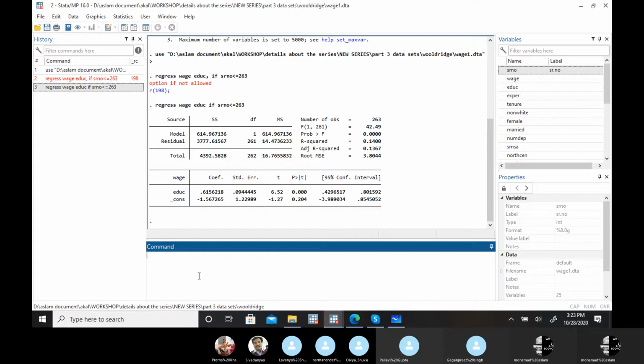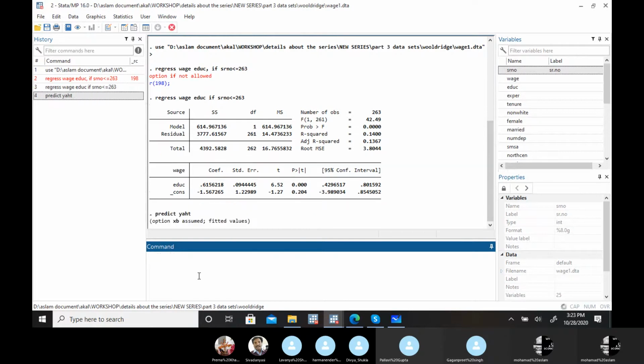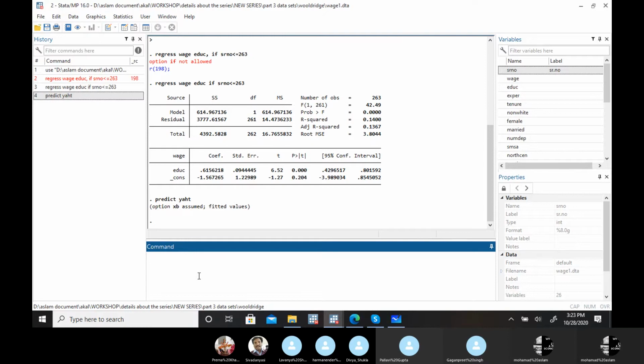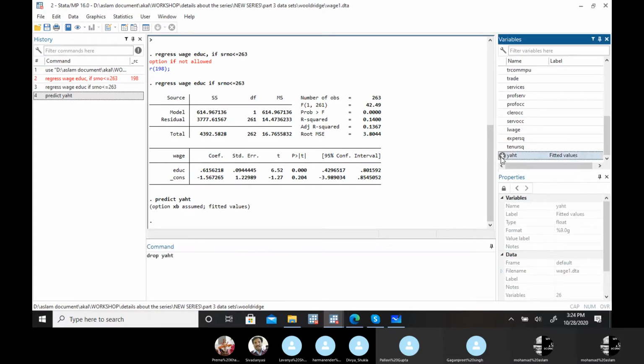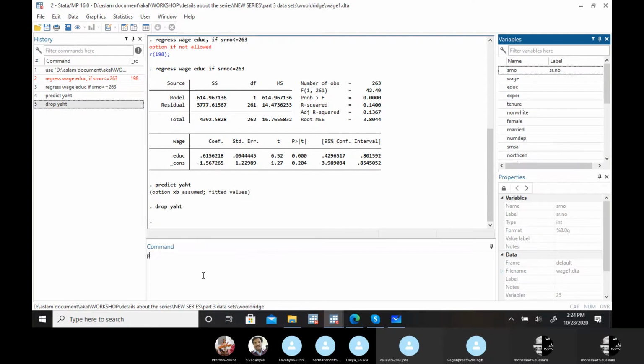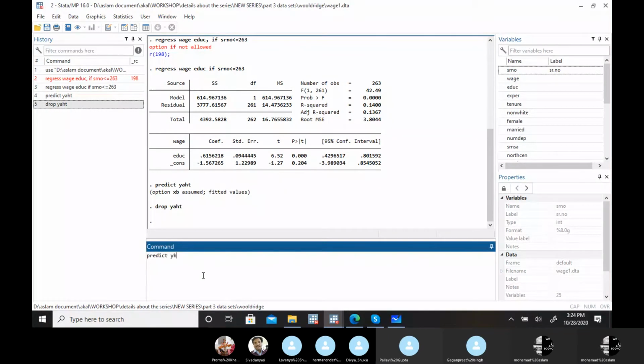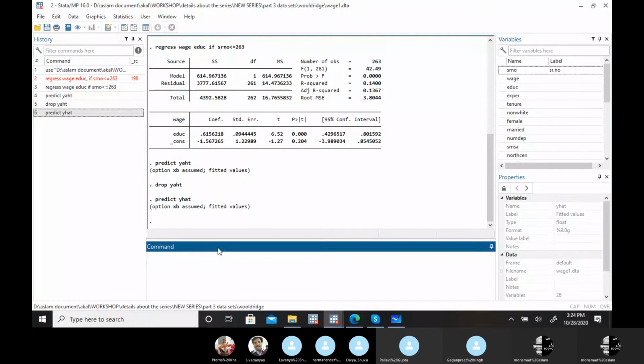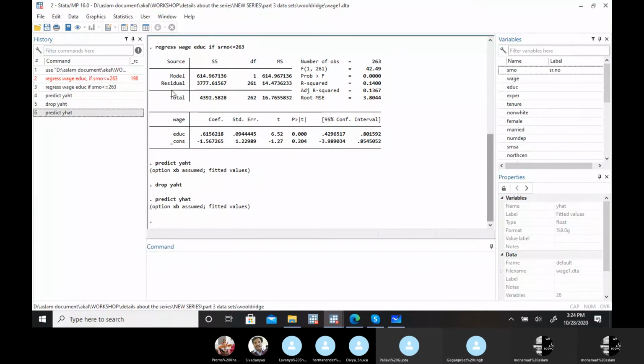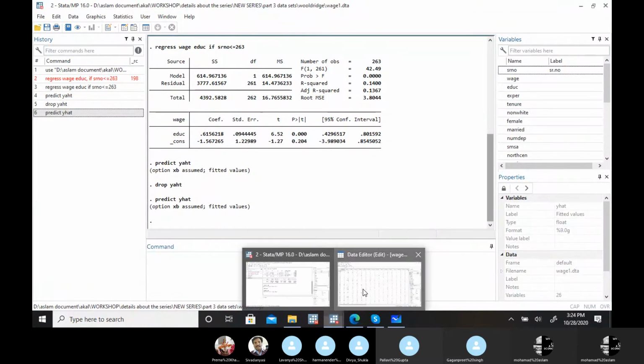So first, predict this y hat. Is it predict u hat directly? No. Y hat. Okay, now we have a y hat in the data set.